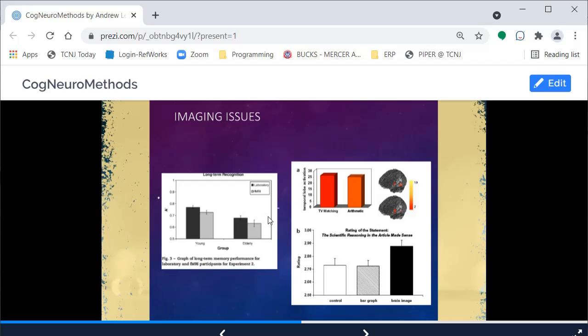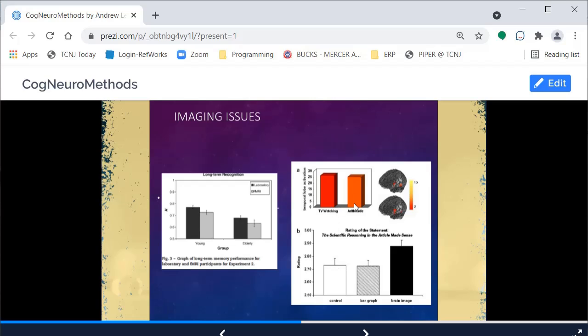The other thing to keep in the back of your mind is that brain imaging evidence is very compelling. As evidence of this, there was a study where they had a couple of different groups. One group just read a passage that described some behavior with just a table. That's the control group.